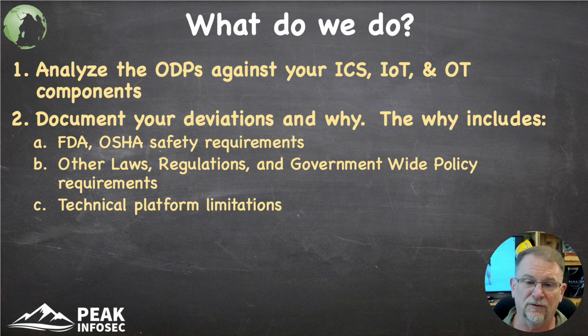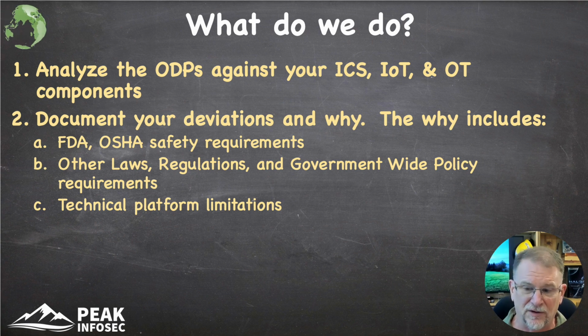Document those deviations and why. Make sure you're identifying any Food and Drug Administration, OSHA, safety requirements, or anything else, other laws, regulations, and government-wide policy requirements, that are causing you to legally have to deviate. And on top of that, document your technical platform limitations.